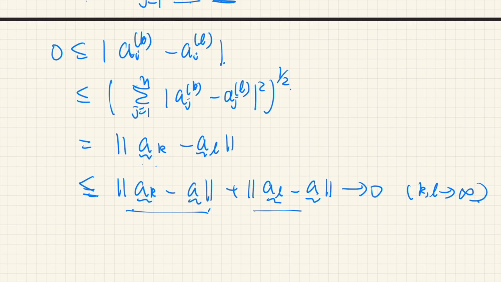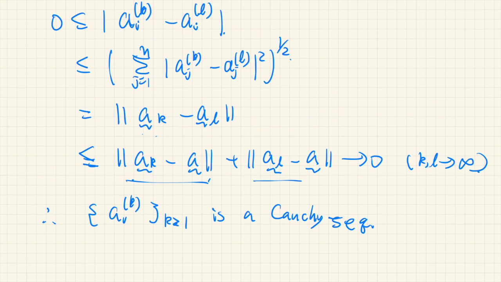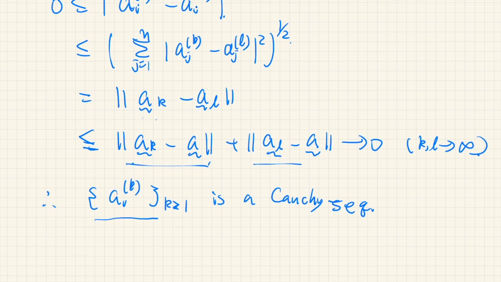So therefore, for each i, the sequence a_i^k, k from 1 to infinity, is a Cauchy sequence. And of course, this is a sequence of real numbers, and the set of real numbers is complete. Therefore, this sequence converges.